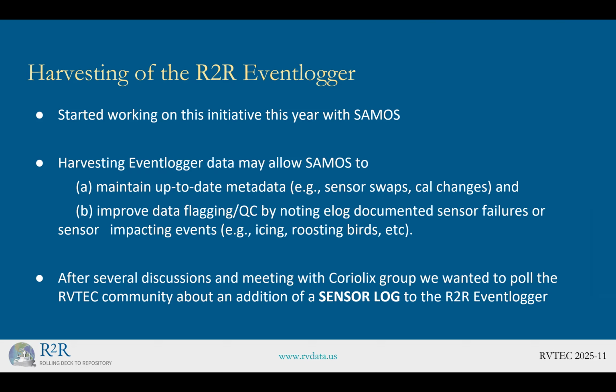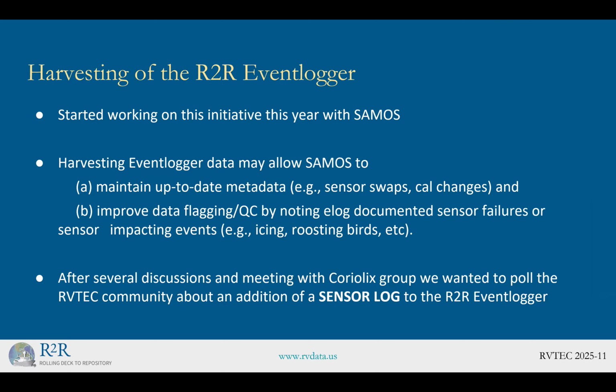I just skipped over my points. Anyway, we want to maintain up-to-date metadata and improve data flagging. One of the things after this year, since we've had this proposal, is that our event logger is not quite at the right place yet to do this work, and we have a lot of questions.